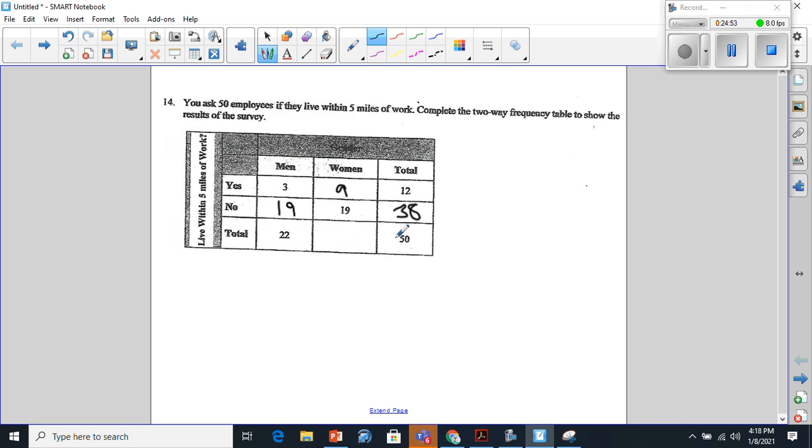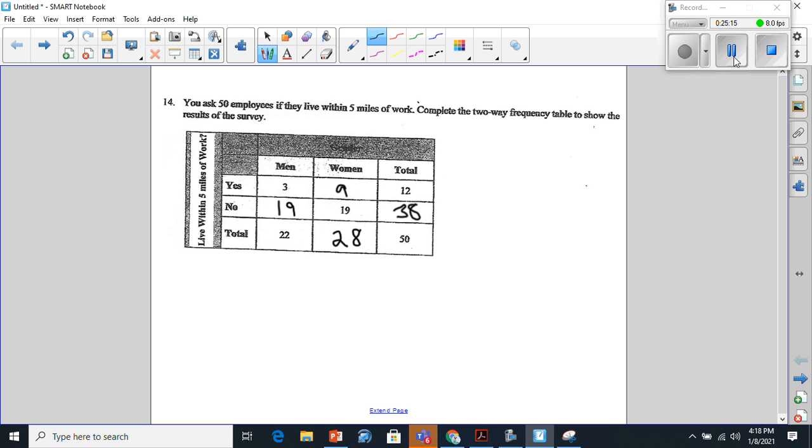And this also helps me because remember, I've got the total here. 19 plus 9 should give me, well, 18 plus 9 is 27, so I imagine this is going to give me 28. And this should add up. 22 and 28 does make 50. So this is perfect. My table is complete.